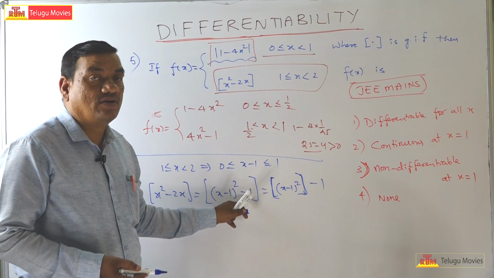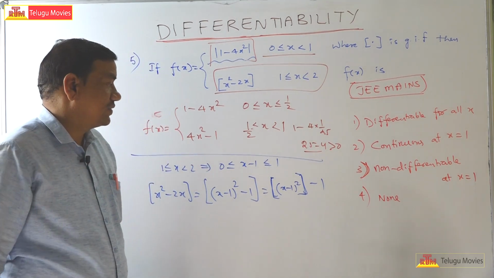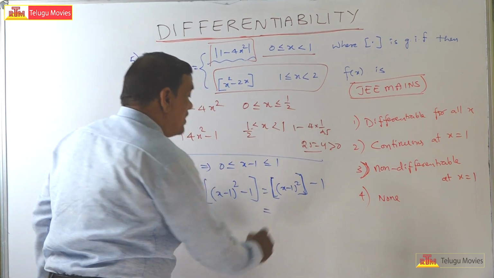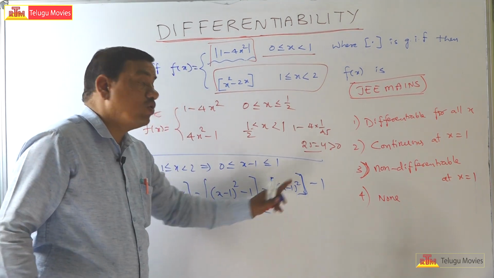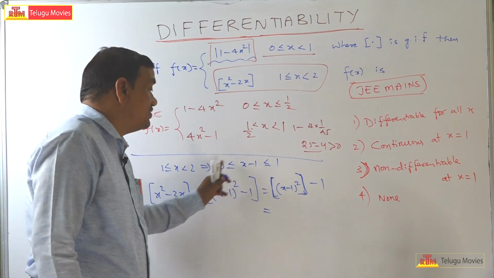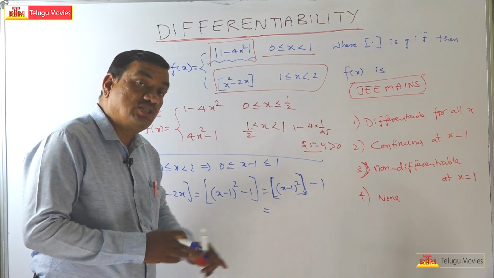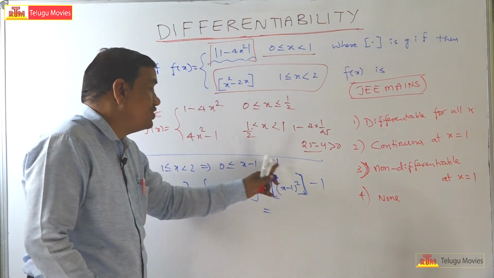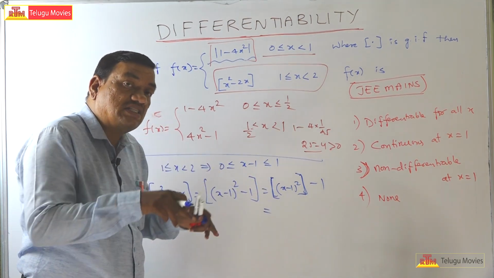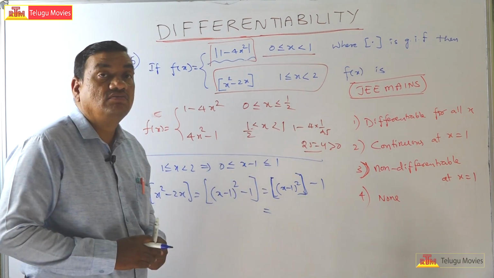We have one property: if it is an integer, we can write that integer outside. What is the value of (x − 1)²? Your x − 1 lies between 0 and 1, therefore (x − 1)² also lies between 0 and 1. What is the step of any number which lies between 0 and 1?